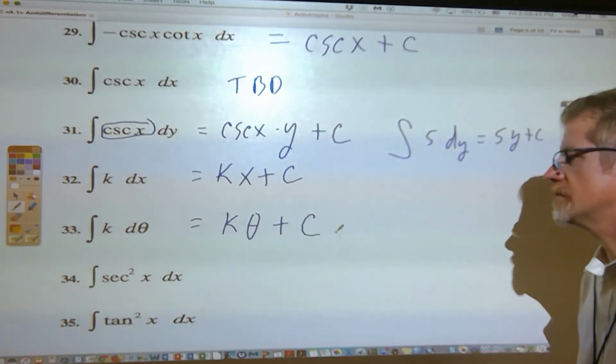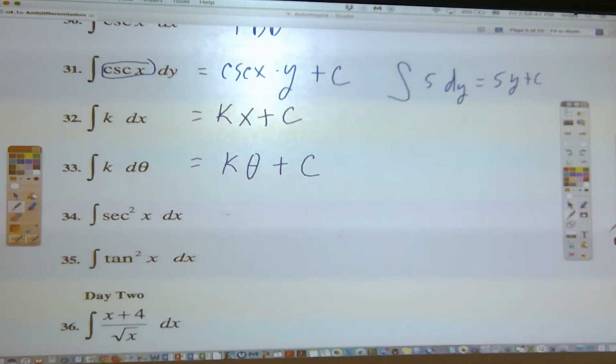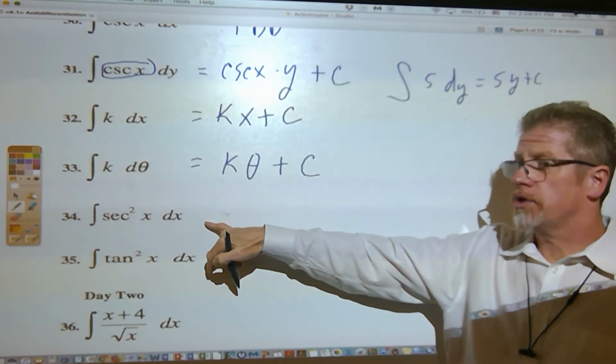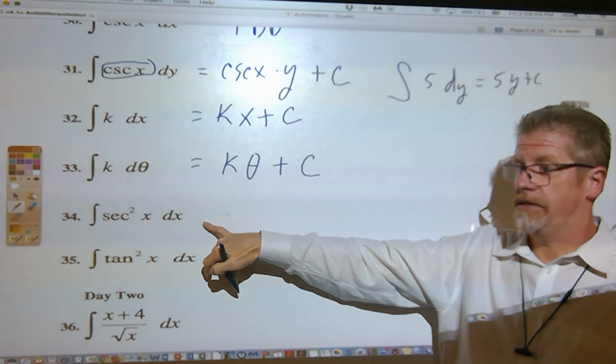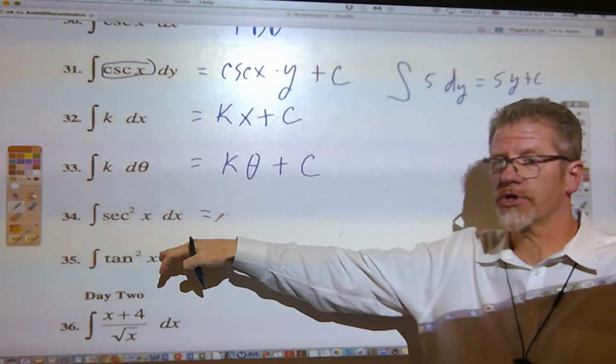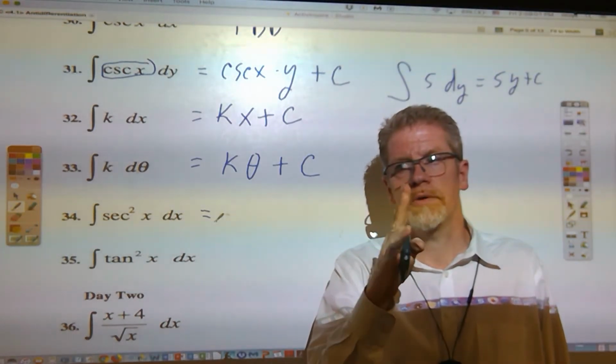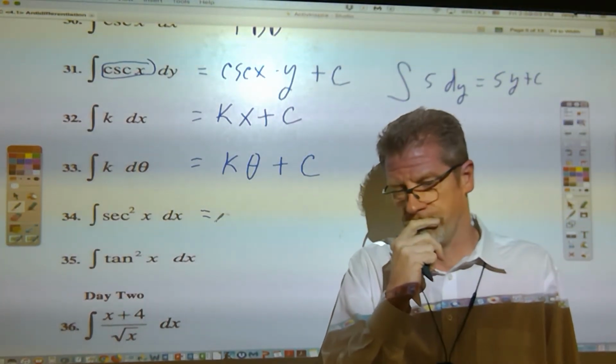See if you can handle letters of the alphabet other than the letter x. And I want you to know that number 34 looks like it cannot be done. However, upon closer inspection, tangent squared x plus 1 equals secant squared x.